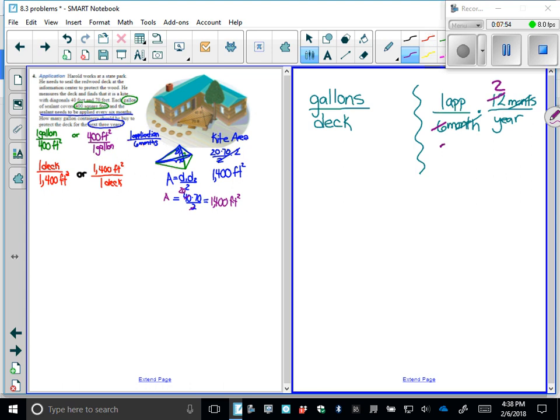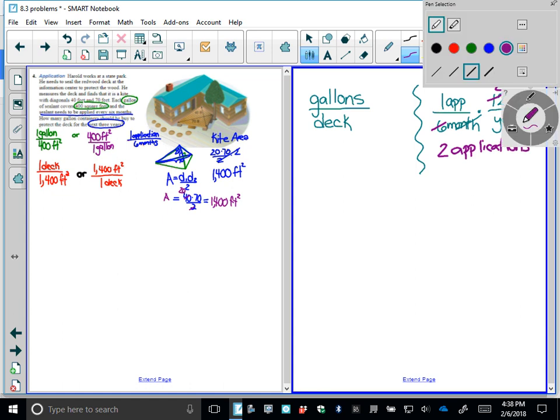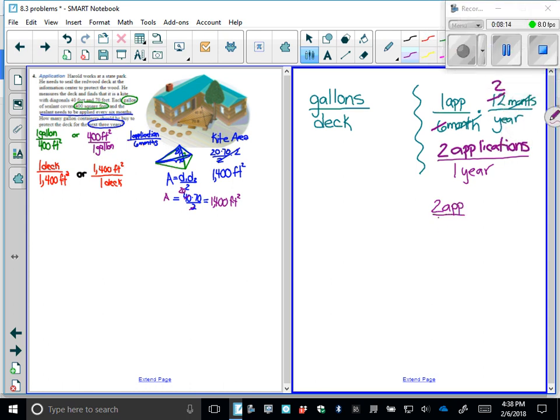So we would just do 2 applications per year. Make that a little thinner. And if we had 2 applications per 1 year, then we need to multiply that by 3 years.